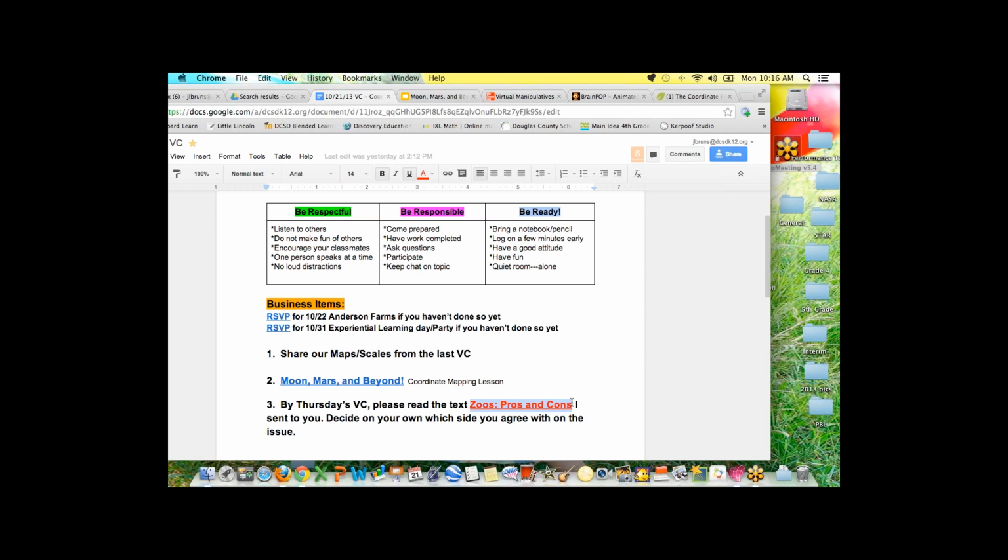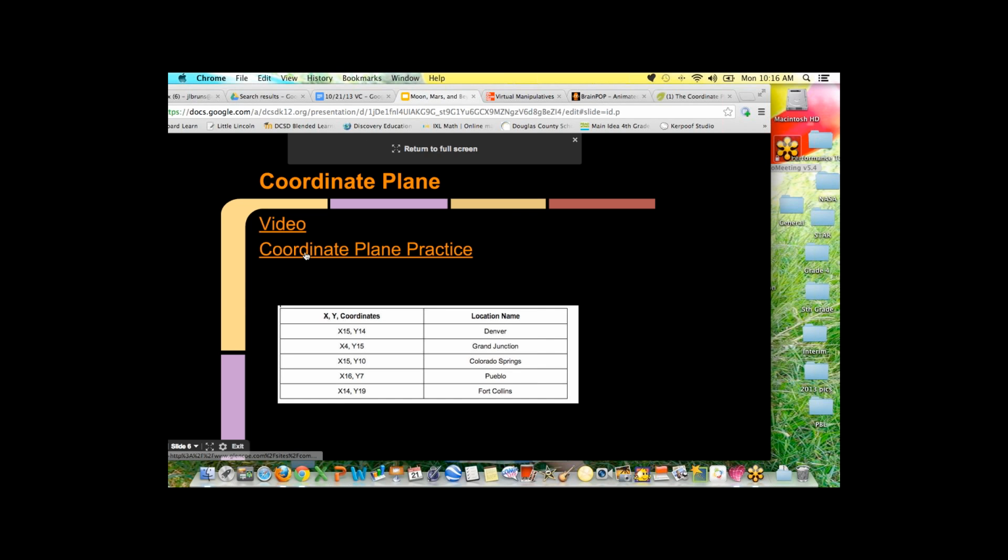Okay. Hey, Mrs. Bruns. Yes. One thing, how did you open that virtual manipulatives or the drawing thing? Yeah, I will show you where that is. It's on the Moon, Mars, and Beyond, and right here where it says coordinate plane practice.